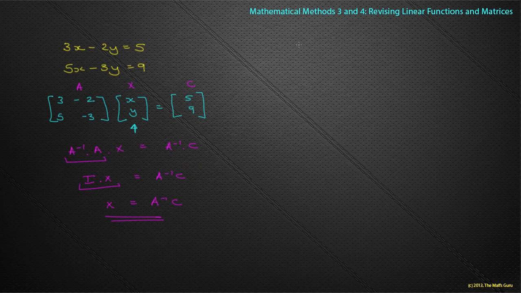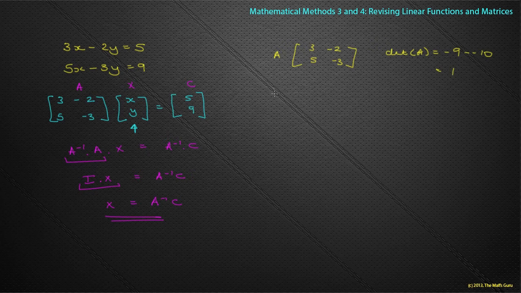Okay, so we know that A is 3, -2, 5, -3. That's A. So what is our determinant? Well, the determinant is going to be 3 times -3, which is -9, minus 5 times -2, which is -10. Right? So -9 plus 10 would give me 1.